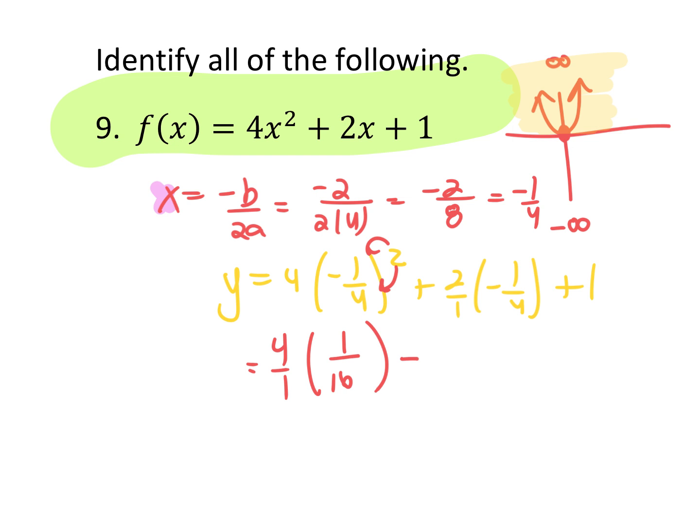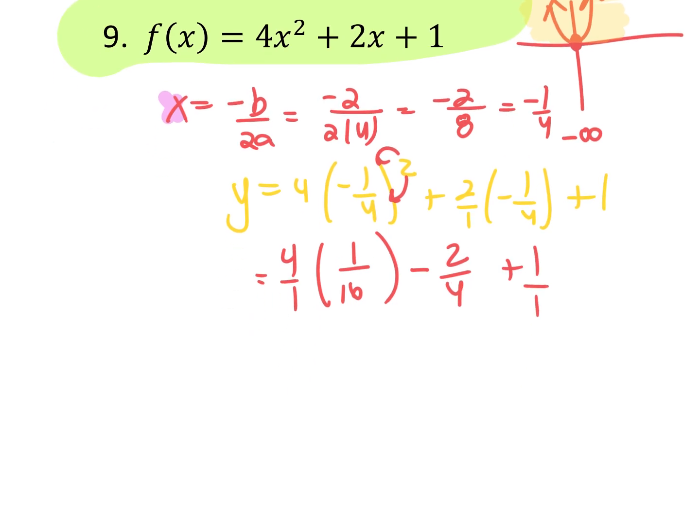Minus what? 2 over 4. You can, yes, go to 1/2 if you want. I'm just going to leave it as 2 over 4 because we're going to have to get a common denominator anyways. And then I have plus 1. Everybody with me? All right, let's simplify that first part.